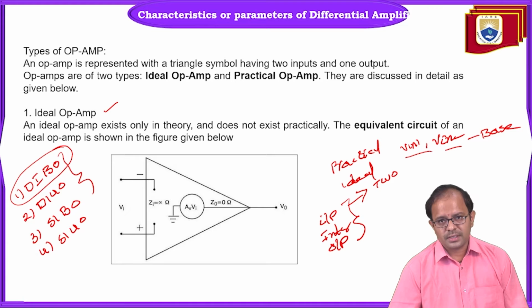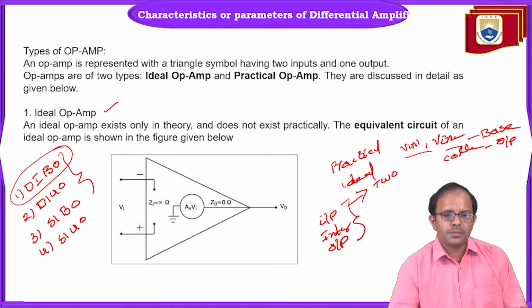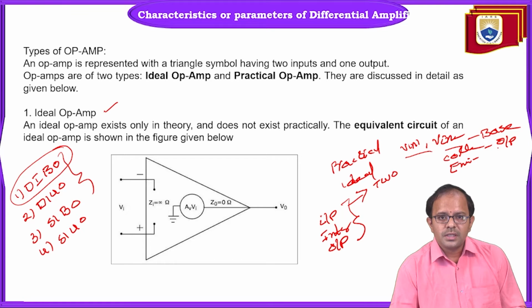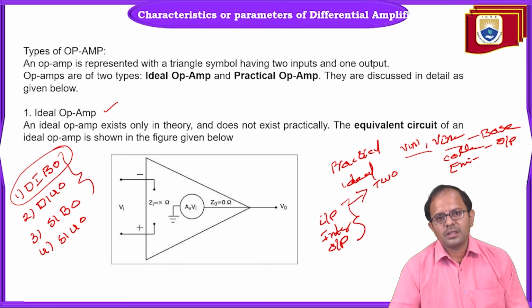What about the collector? As we said, the collector terminals of the two transistors are used to obtain the output. The output is obtained across the two collectors of the transistors. The third terminal, what about the emitter? Here we consider the emitter coupled configuration for both the transistors. These are the basic configurations that exist in the differential amplifier.